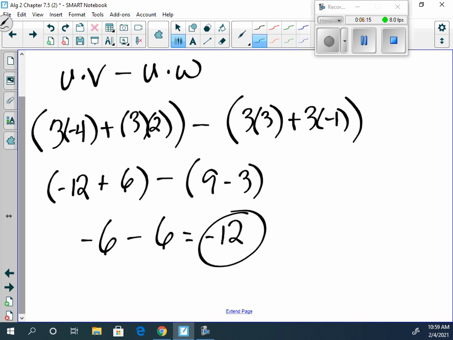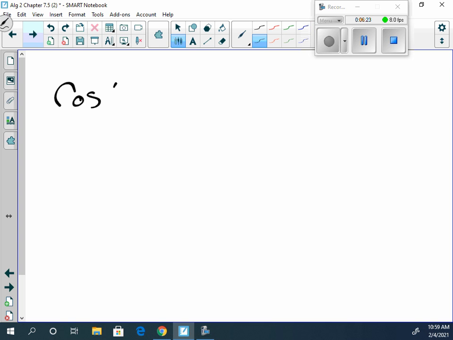Cosine of theta is equal to u dot v over the magnitude of u times the magnitude of v. This is just our formula for the angle between 2 vectors.